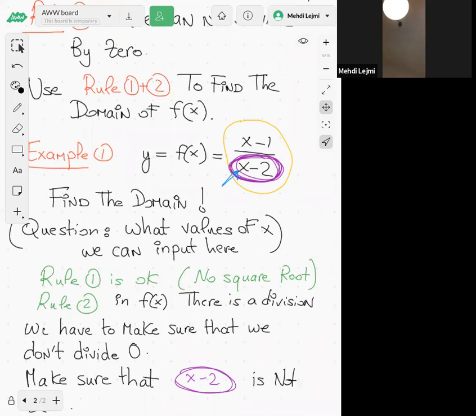And that will be my domain. So the domain, again, is the set of all x values that you can input. So here I can input any number except the +2.